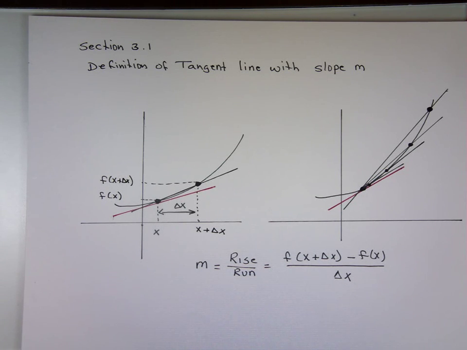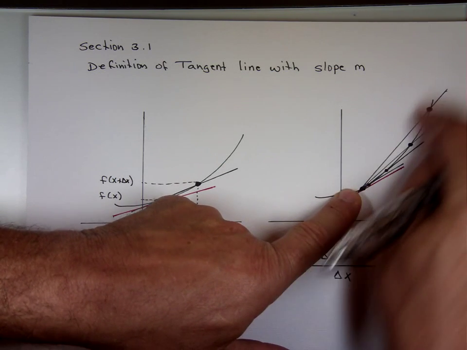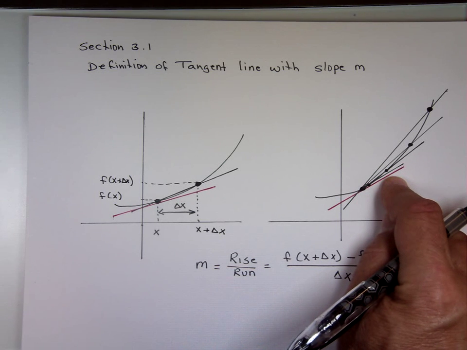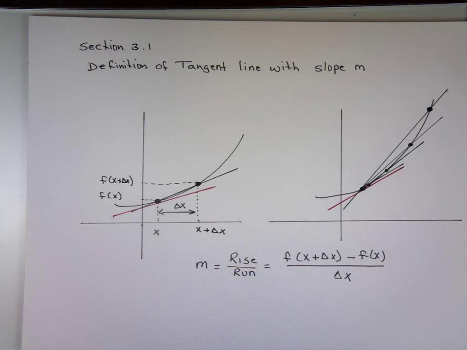But there's one more thing I'm going to add to that equation. Notice when I used the 2 points far away, the slope of this line wasn't really close to the slope of the line I'm looking for. So what I need to do is pick 2 points very close to each other. If I pick the points close to each other, the slope, which is the rise over the run, will be the slope of the tangent line. Well, how can I say that? Pick points close to each other.